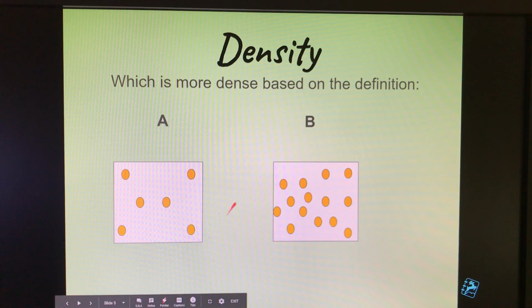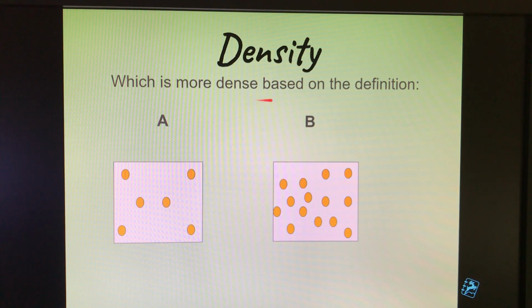So let's try a few problems. Which is more dense based on the definition? Circle the letter that shows the object with the more density. And these are actually the very same size volume.